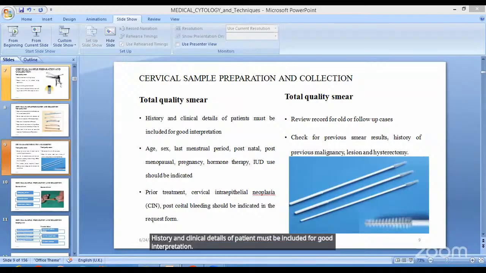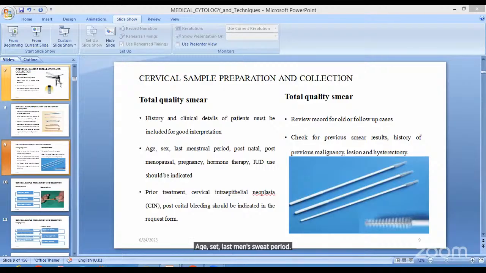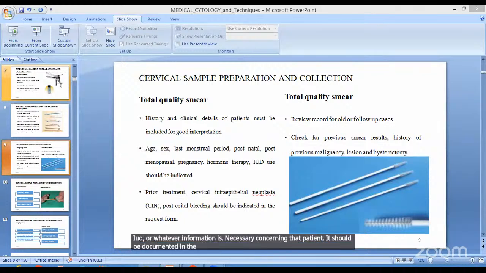Age, sex, last menstrual period, information on postnatal situation, postmenopausal condition, pregnancy, hormone therapy, IUD, or whatever information is necessary concerning that patient. It should be documented in the request form.